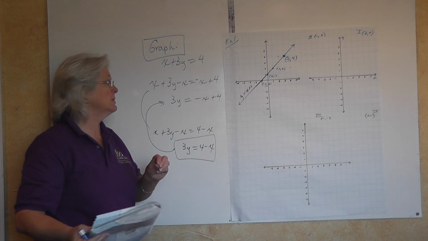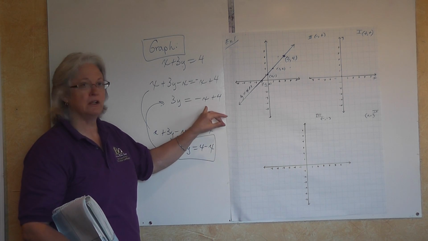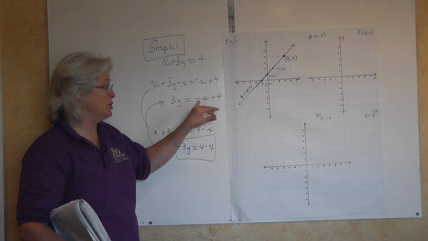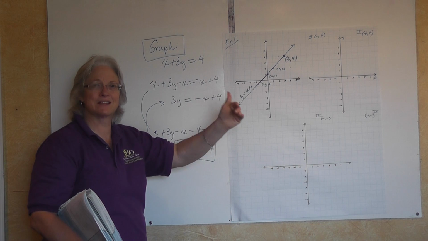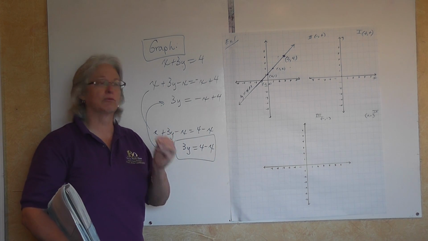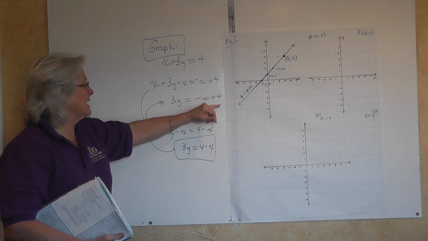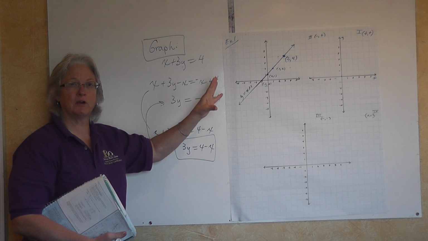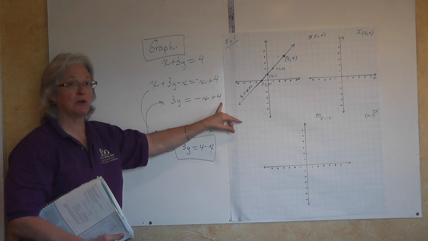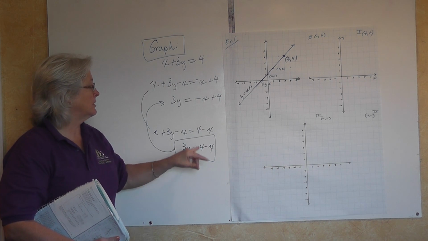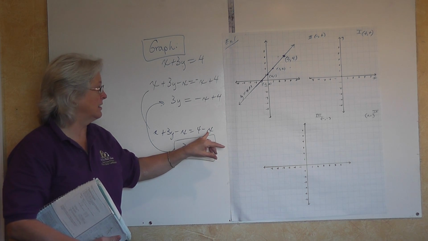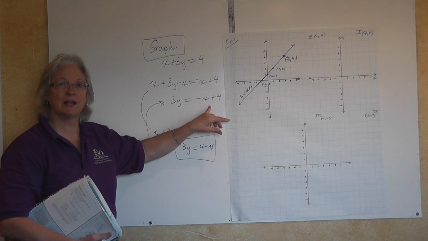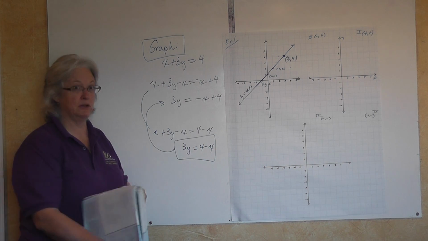No, but I do think it's a good idea for you to get in the habit of using your variables first with your constant term last, because that's the standard way to write an algebraic expression, to have all of your variables first, followed by your constant term. So am I going to mark it wrong if you say 4 minus x? No. Do I prefer negative x plus 4? Yes, I do. Okay?